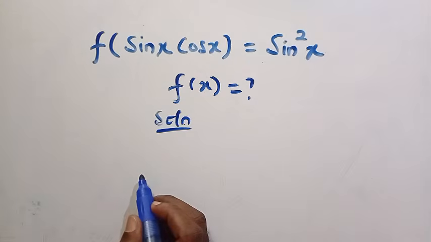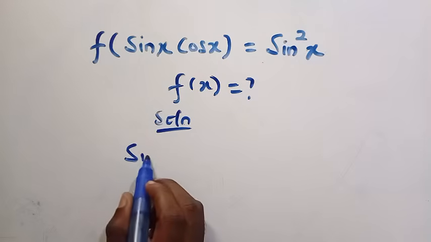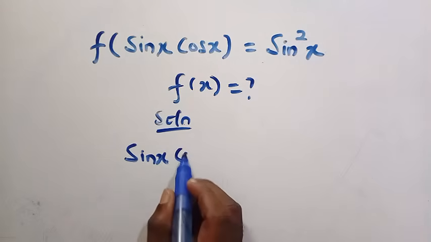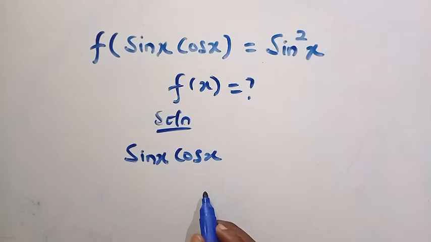Let's solve this step by step. First thing is we look at the patterns, in a way of looking at the trigonometric identity, just to make it simpler. Let's look at sine x multiplied by cos x.